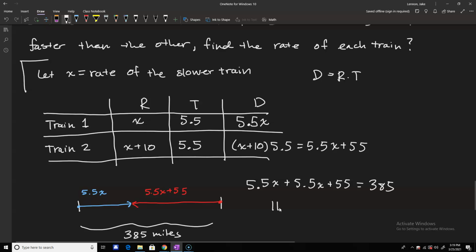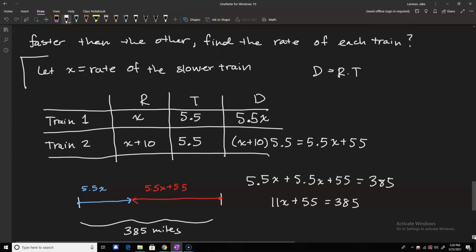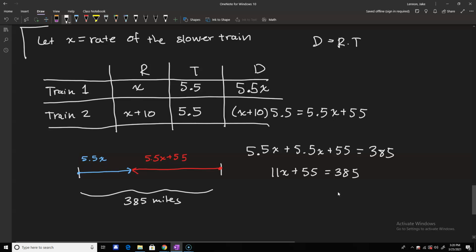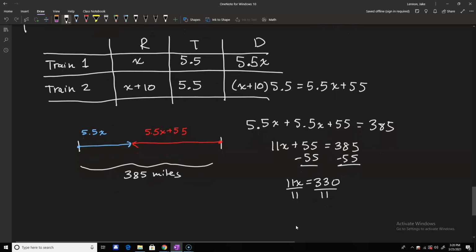So we end up with 11x plus 55 equals 385. And then you want to subtract 55. So we have 11x equals 330. Divide by 11. We get x is 30 miles per hour.